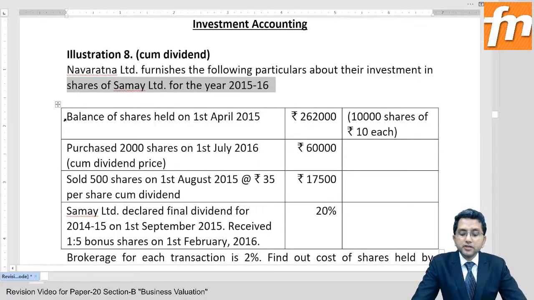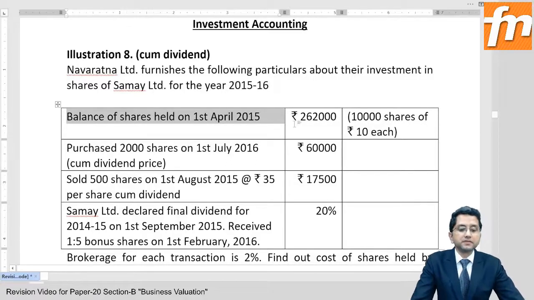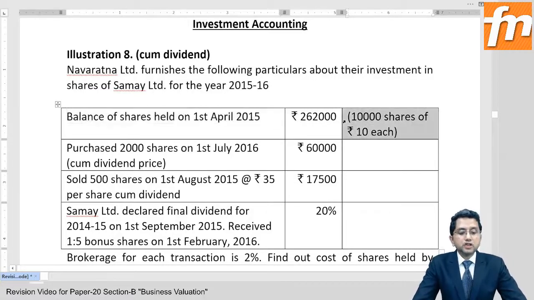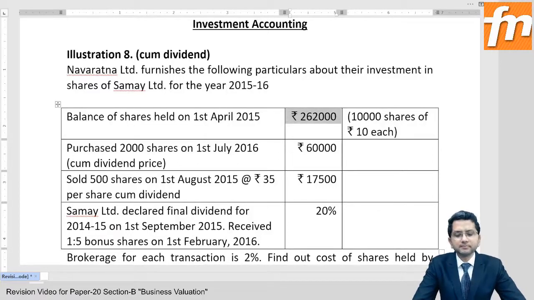So the balance of shares held on 1st April 2015: initially, you had 10,000 shares, having a face value of rupees 10 each, and book value of 2,62,000, that is 26.2 rupees per share.